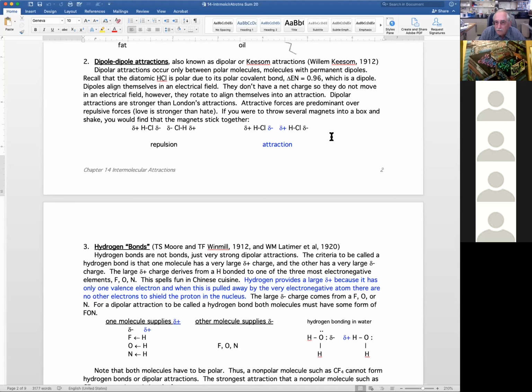What am I going to find with the magnets? Aren't they all going to be clumped together because of attractive forces? They're not all going to be separate because of the repulsive forces. So attractive forces are more dominant over repulsive forces.